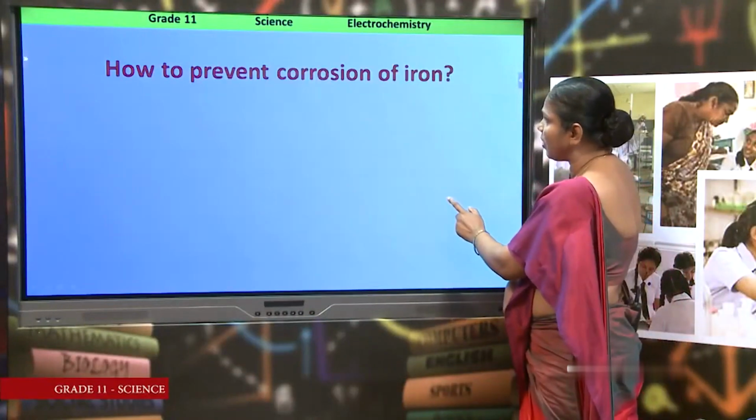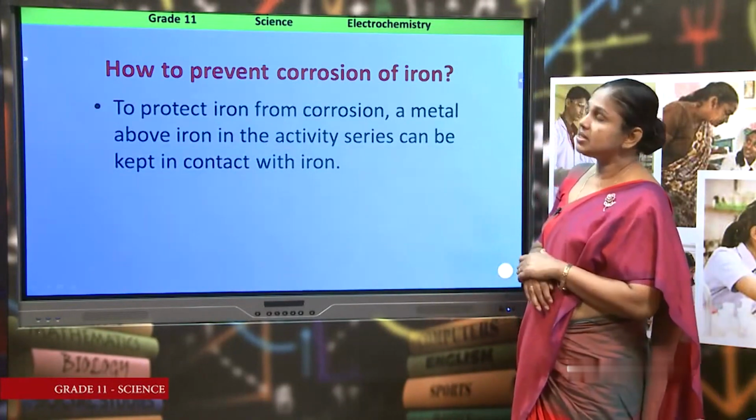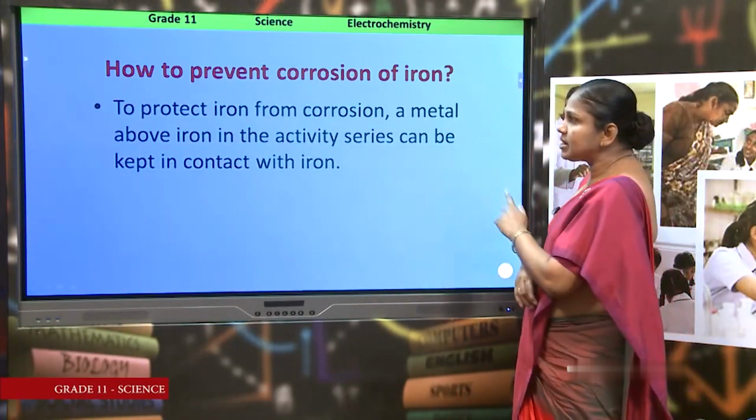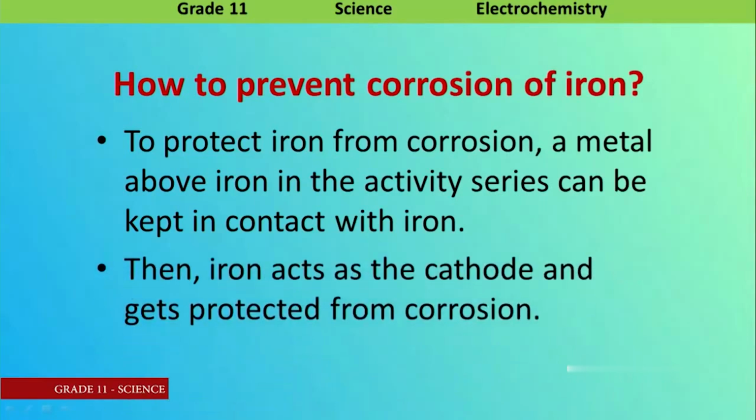This is called cathodic protection. Children, to protect iron from corrosion, a metal above iron in the activity series, like zinc or aluminium, can be kept in contact with iron. Then what will happen?